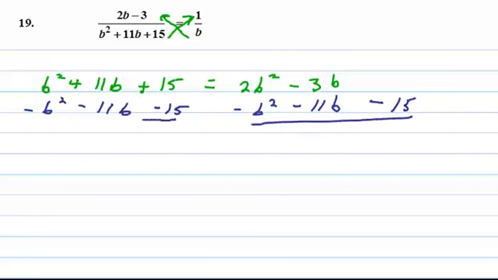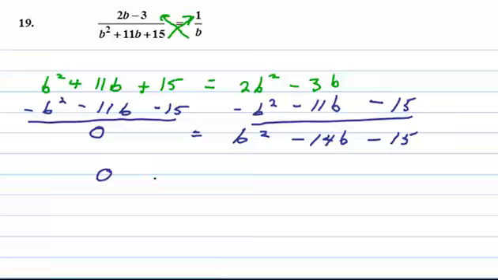So, on the left we have 0, and on the right we have 2b squared minus 1b squared, which is just 1b squared, minus 14b, minus 15.